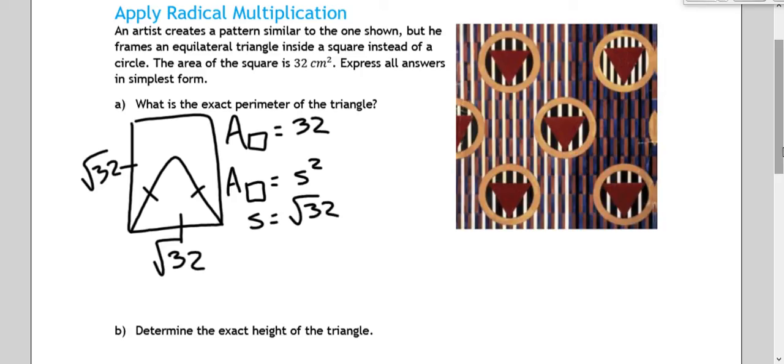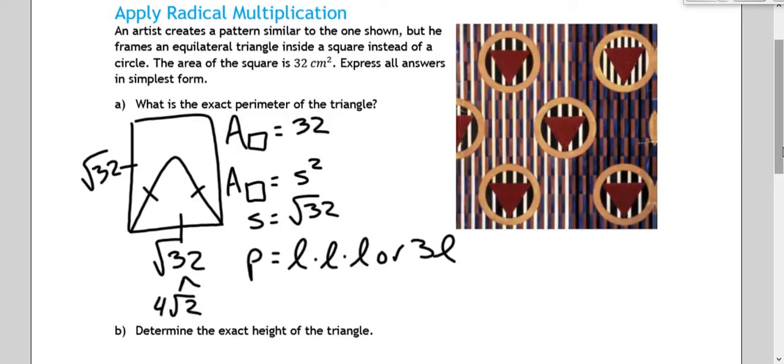Now, if I want to find the exact perimeter of the triangle, the perimeter is equal to length plus length plus length, or 3L. And then if we break this down, this breaks down into 4 root 2. So the perimeter is equal to 3 multiplied by 4 root 2, to give us 12 root 2. Okay?